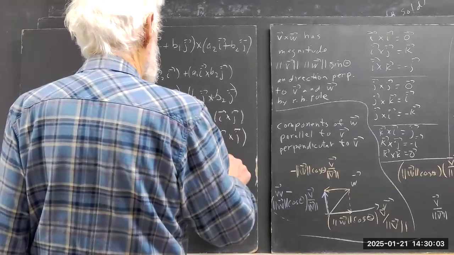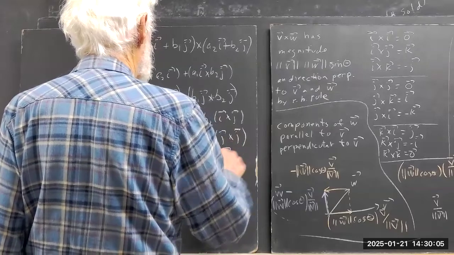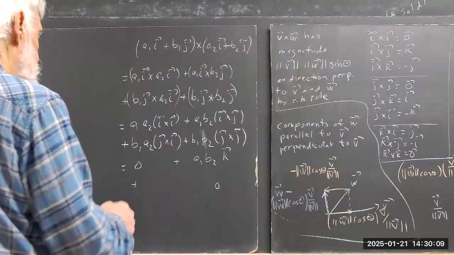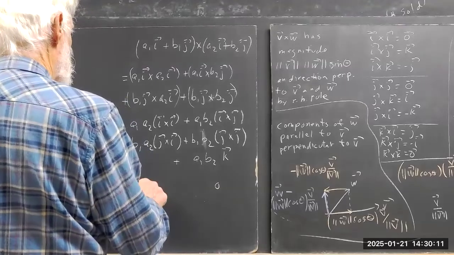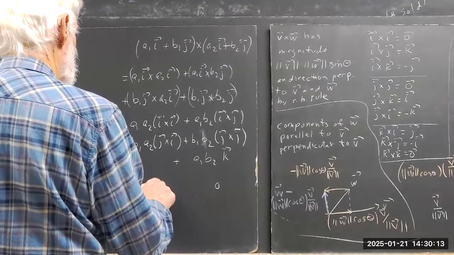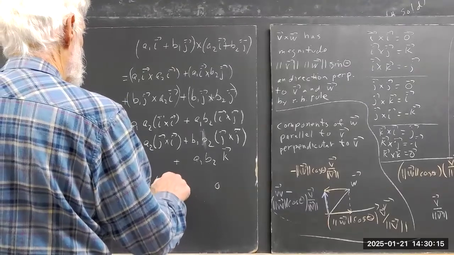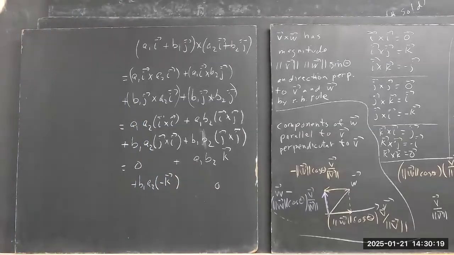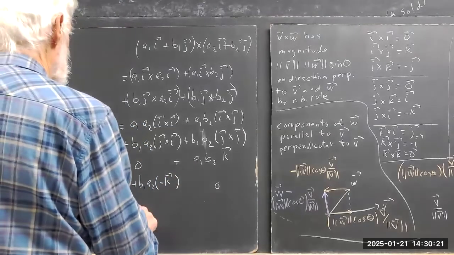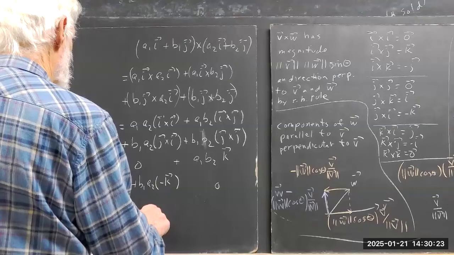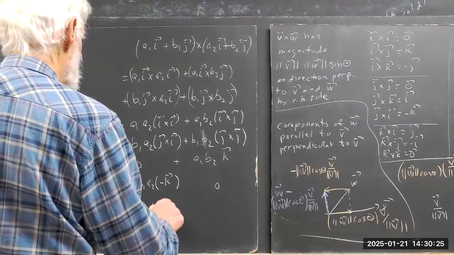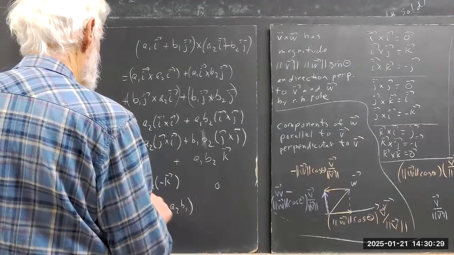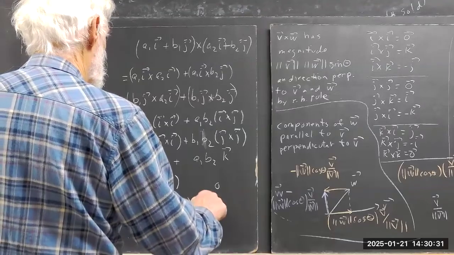So I cross J is K. And yeah, J cross I is this. So you end up with this.